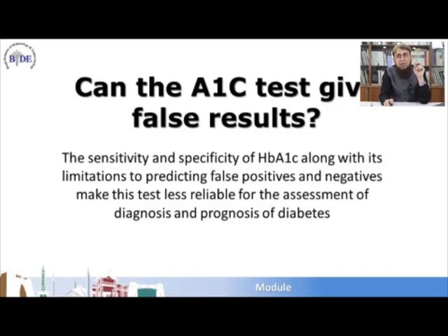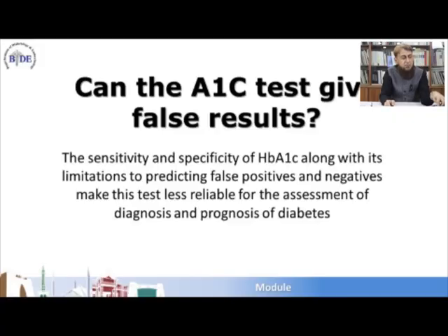HbA1c, as I told you earlier, is a test which is more important to assess the prognosis of diabetes. When it comes to diagnosis, it has limitations; its sensitivity and specificity are not that high. Even during prognosis, we face certain limitations in assessing the control of type 2 diabetes.